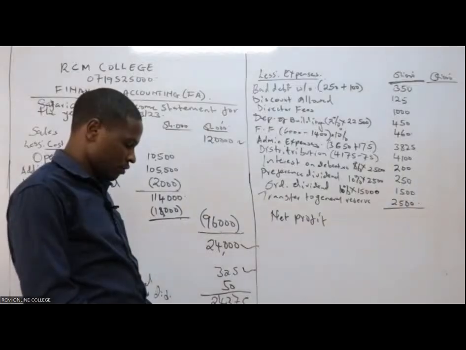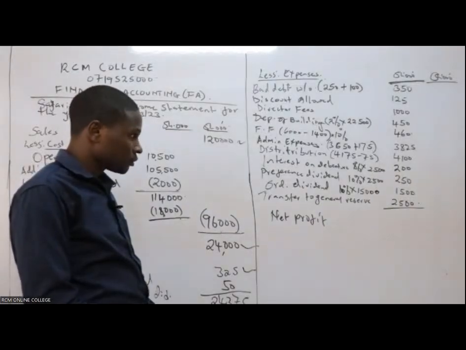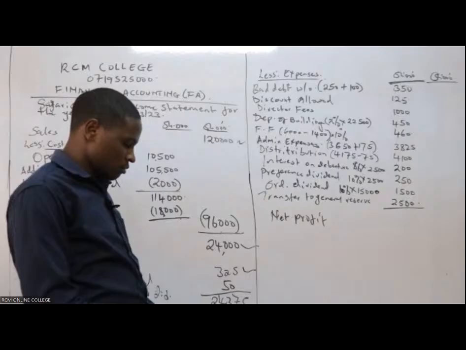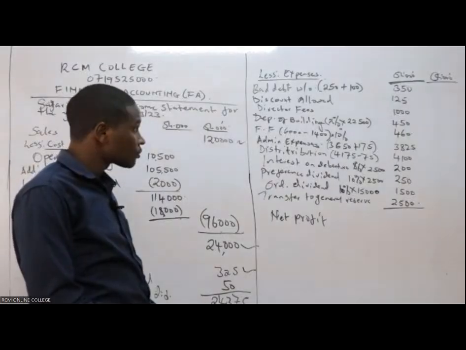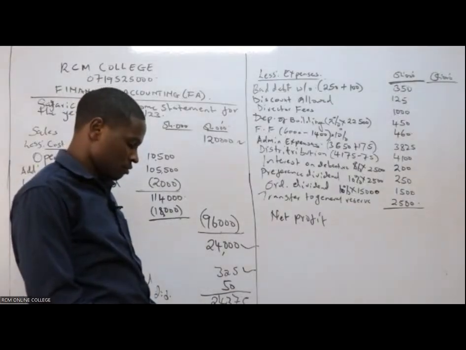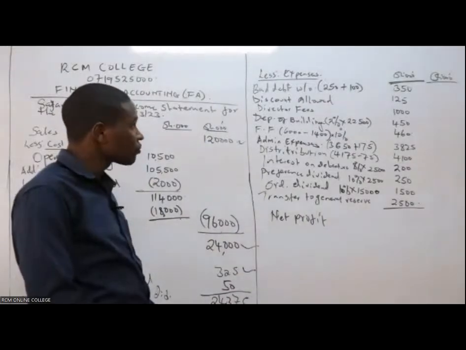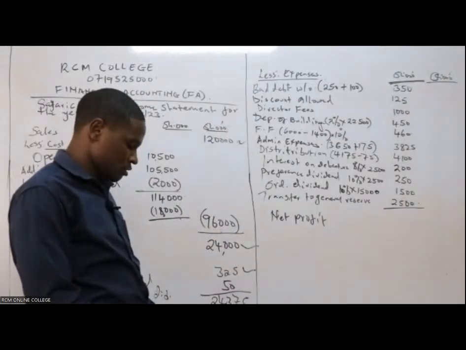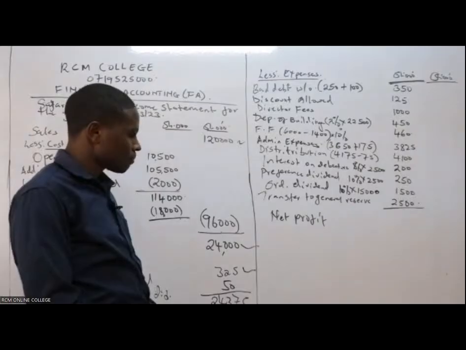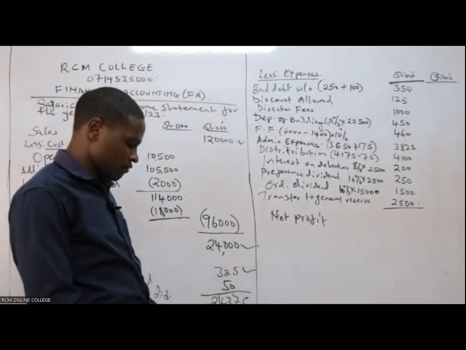Plus 125 was 1,000, plus 450. We have to compare these. Plus 460 plus 450 plus 3825 plus 4100 plus 200 plus 250 to go almost there, plus 1,500 which we were leaving out, plus 2,500.